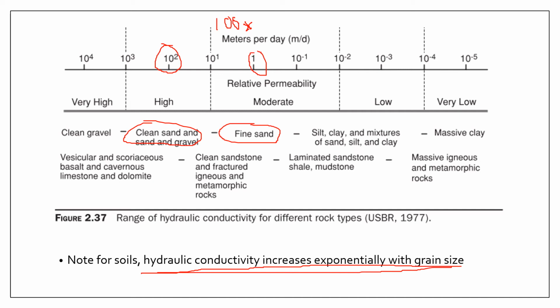If you jump from sand to gravel, or pure gravel, you get a jump of 10,000, and that is a very big number. So what's the takeaway here?